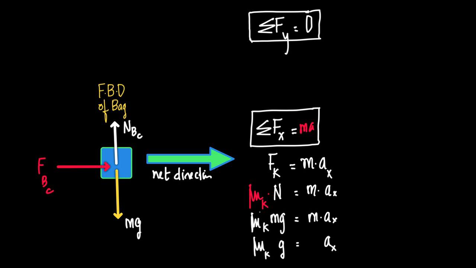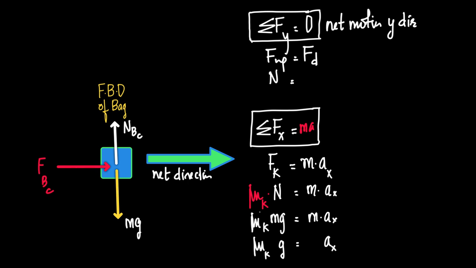Because there is no net motion in the y direction. So what does sigma Fy equal to 0 imply? It implies F up is equal to F down, which means forces acting in the up direction should be equal to forces acting downwards. The only force acting upwards is N. So we can write normal reaction is equal to the only force acting downwards, mg.